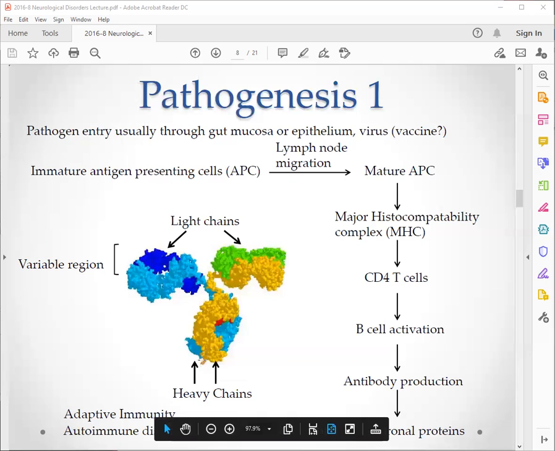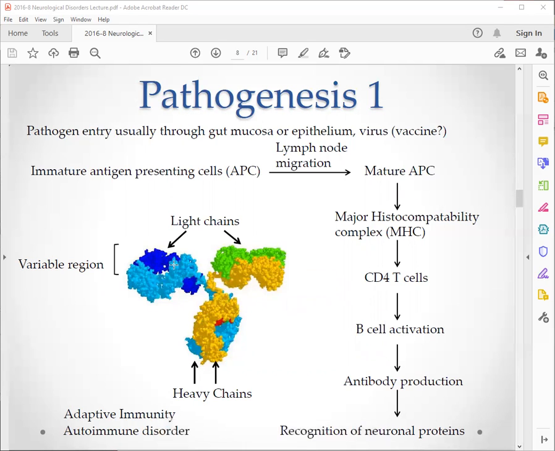It consists of two chains: heavy chains and light chains. In these light chain regions, there's a variable region. This is the region in which the immune system teaches the antibody how to recognize the invader.